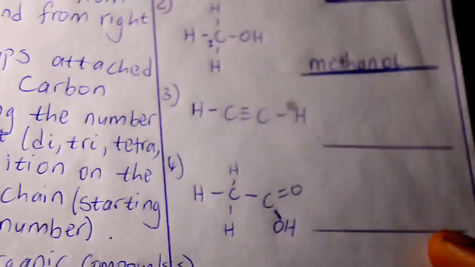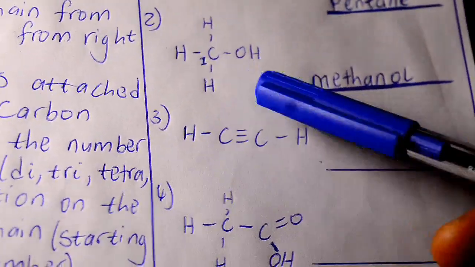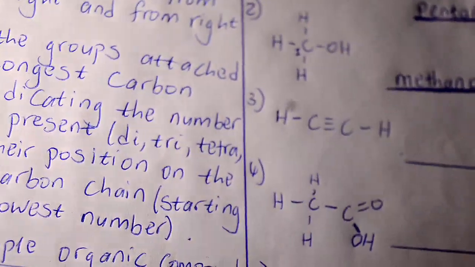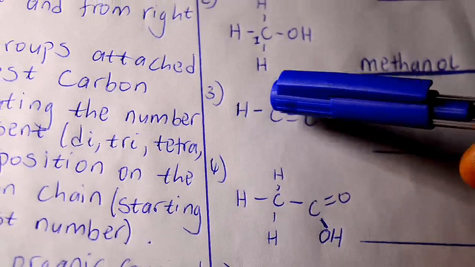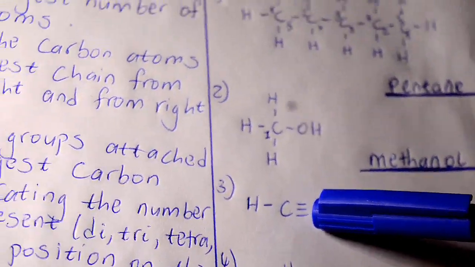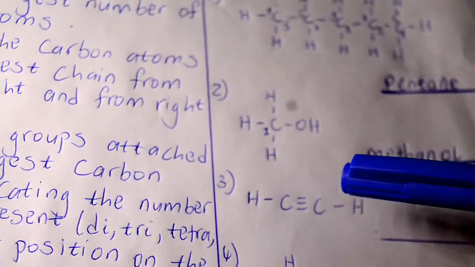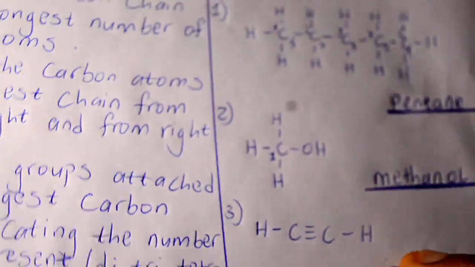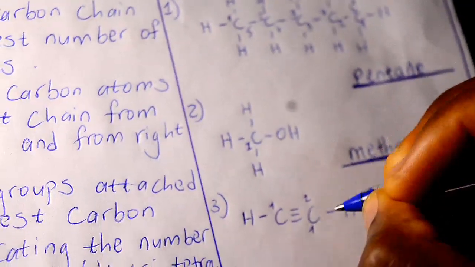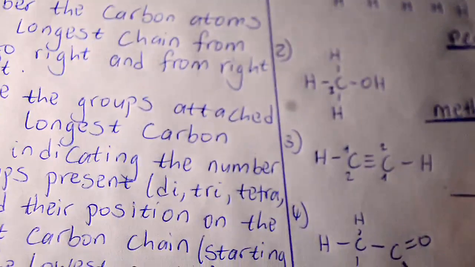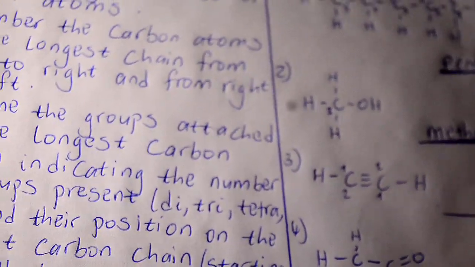That's that. For the third compound, we follow the same rules. Identify the longest carbon chain from here to here. This is it here. Second rule, number the carbon atoms from left to right and from right to left. So we number that 1, 2, and then 1, 2. Name the groups attached and everything.